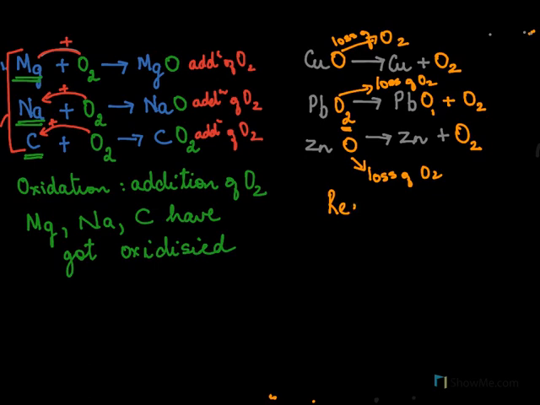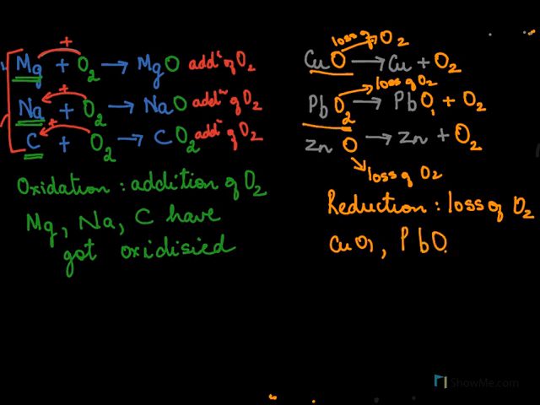So what is reduction? Reduction is the loss of oxygen. So we can say copper oxide in the first case, lead oxide in the second case, where two oxygens became only one, and zinc oxide have got reduced.